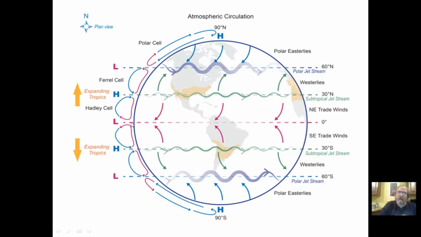So where the Hadley cell meets what's called the Ferrel cell, you get a high pressure system. It's high pressure because the air sinks down, exerting more pressure on the ground than at the low, where it rises, lessening the pressure. And then between the Ferrel cell and the poles, you have what's called a polar cell.